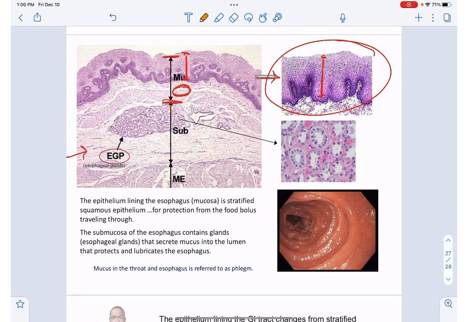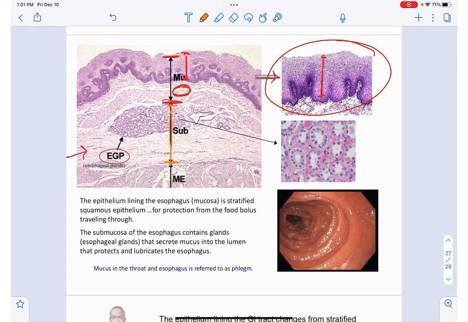Then we have the submucosa layer. And something that we'll find out about more is, just backtracking, the entire alimentary canal is a mucous membrane. The entire alimentary canal is lined by mucus.